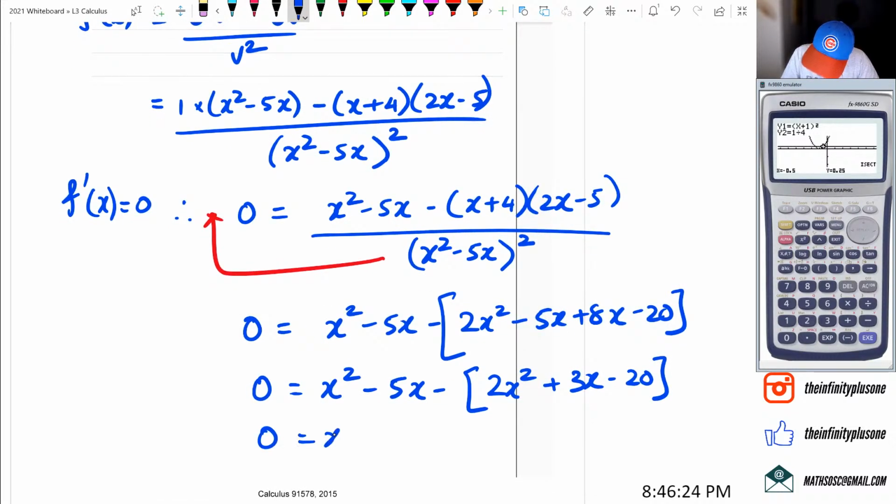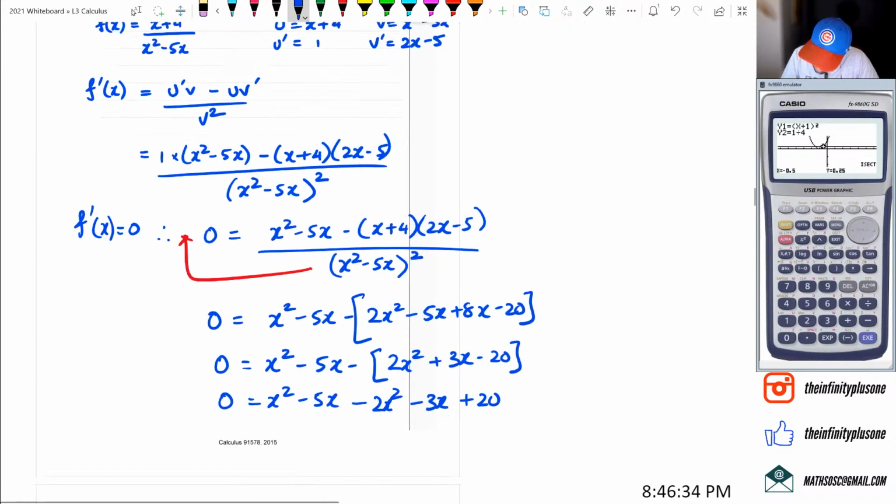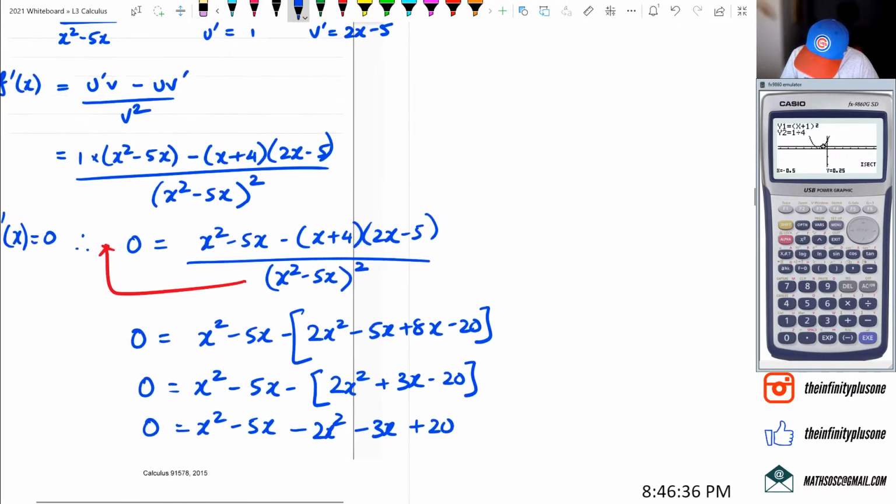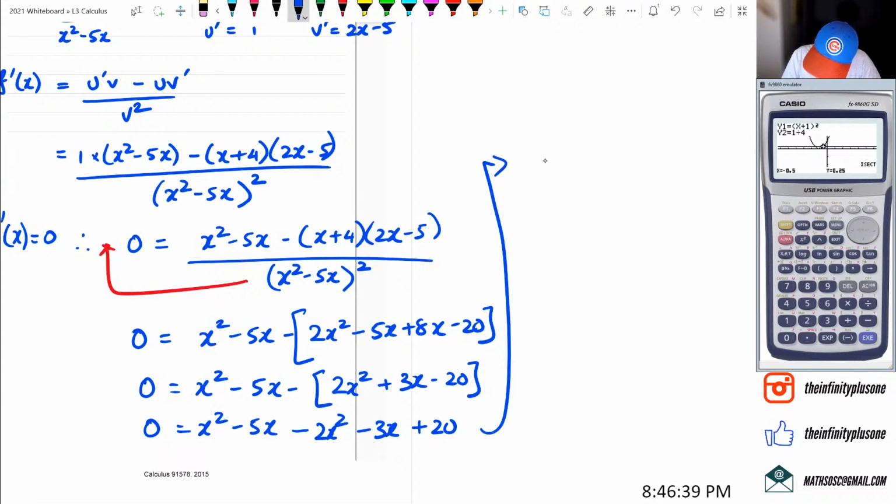Then 0 is x squared minus 5x minus 2x squared, let's see if I'm on the right path here, yep, minus 3x plus 20. So we can simplify this now as negative x squared minus 8x plus 20.